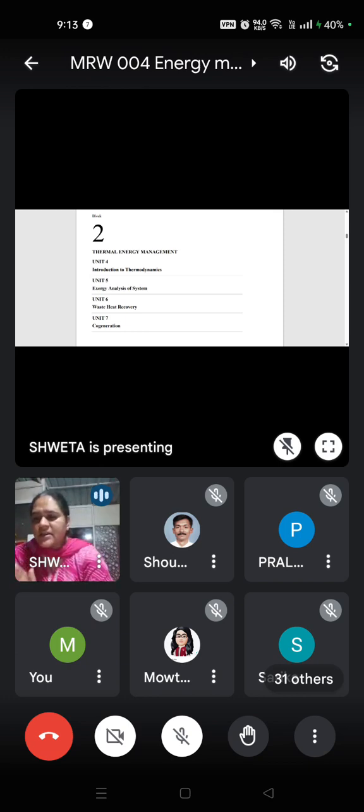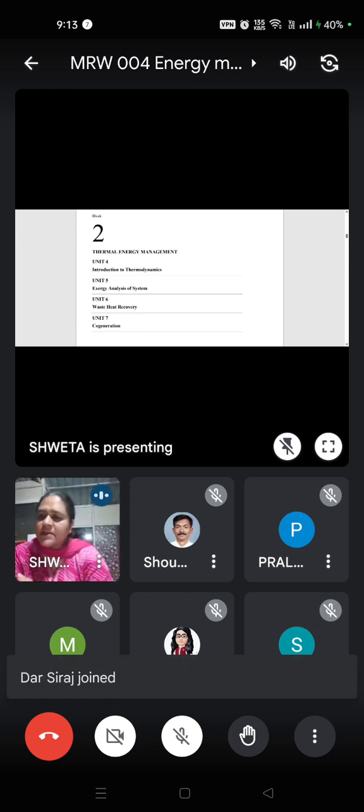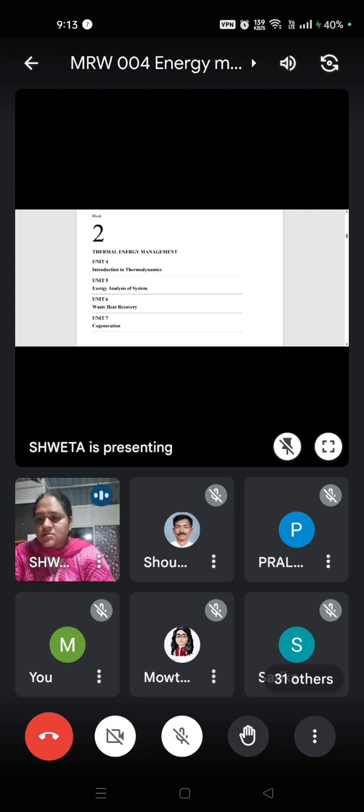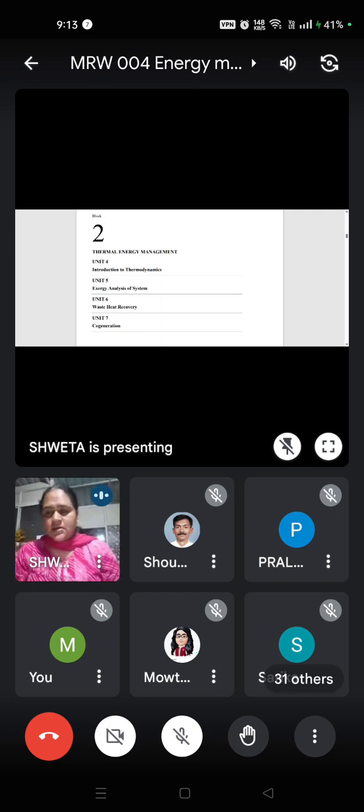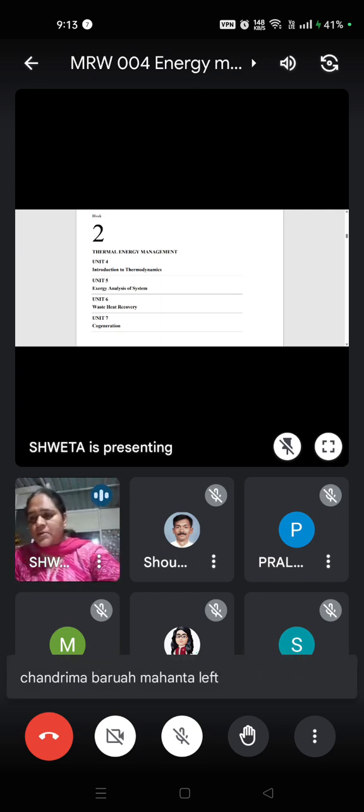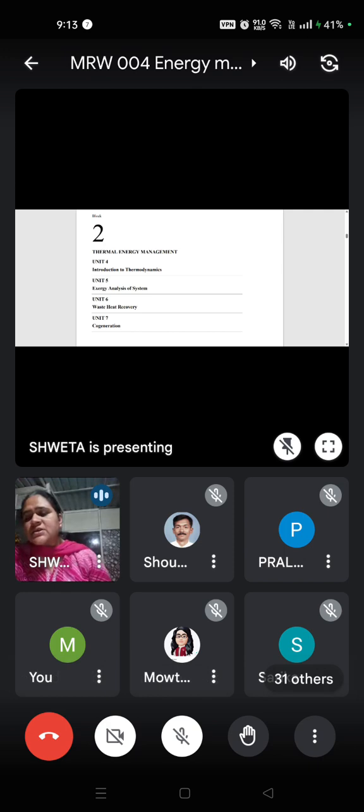Now in energy management, you have to learn which method is more efficient, and how you define efficiency: depending on conversion efficiency, how much energy we are giving and how much energy we are taking. With that, energy generation is one part. Another part is energy conservation.